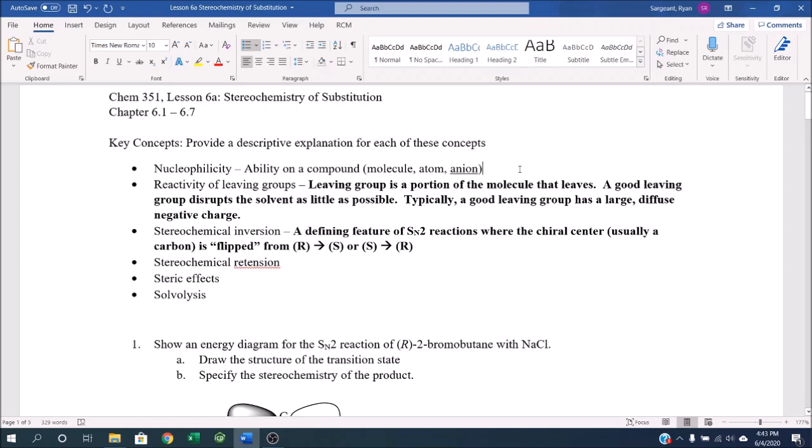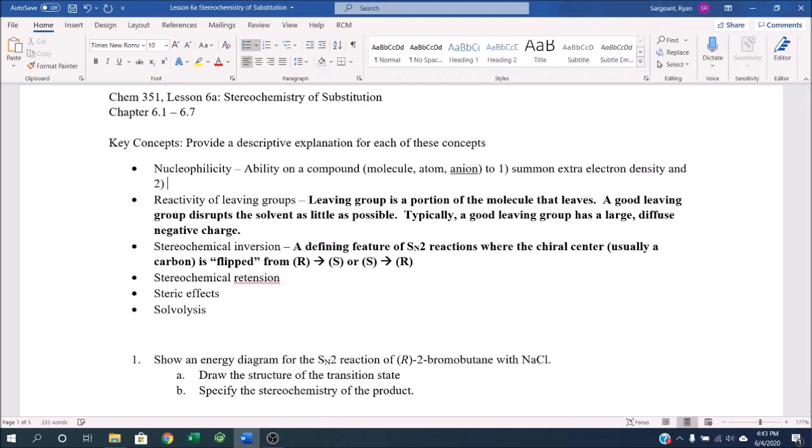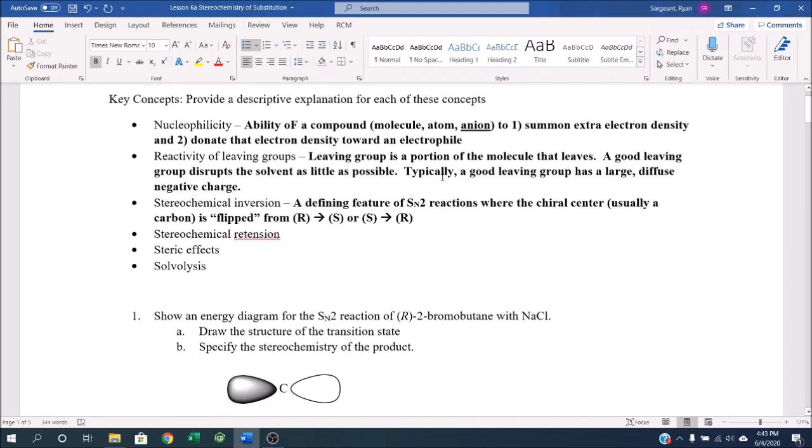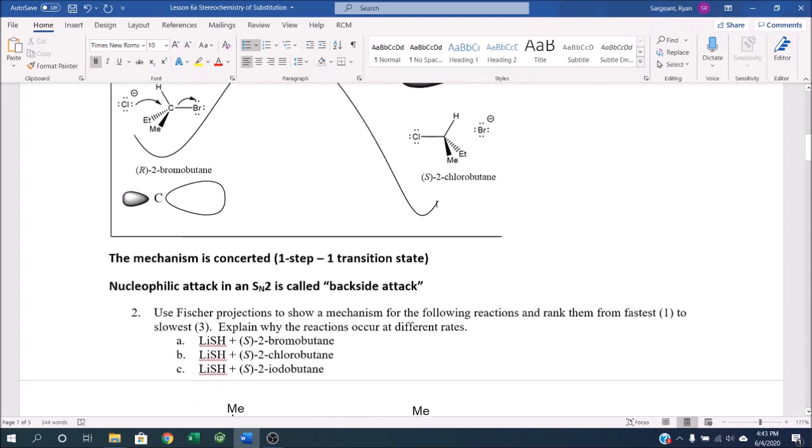So again, it's the ability of a compound to 1, summon extra electron density, and 2, throw or donate that electron density toward an electrophile.